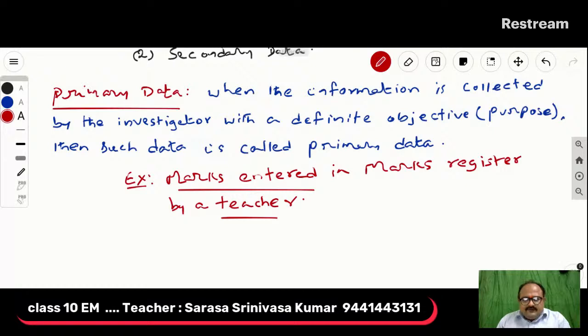So this is primary data. The teacher has prepared this, collected this information, and arranged the information in a systematic way. So this data is called primary data.